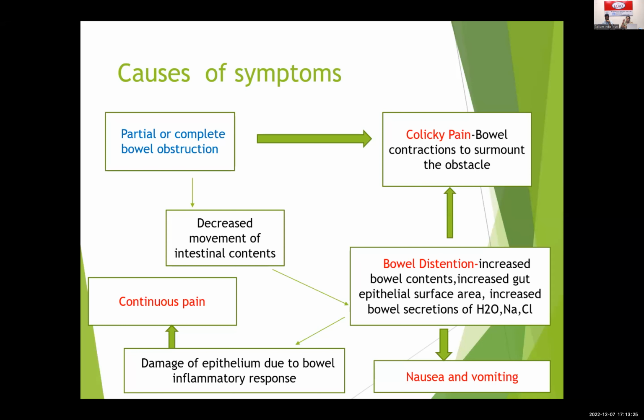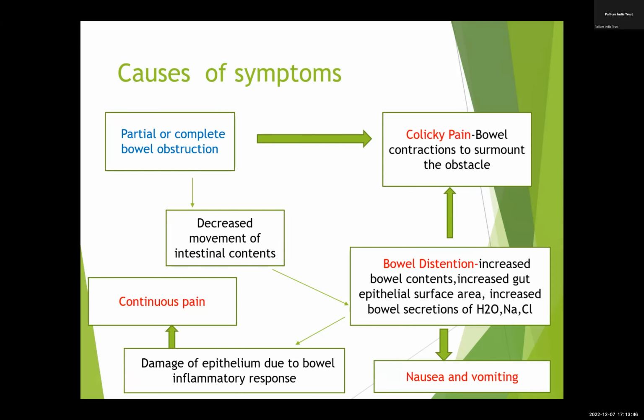In partial or complete bowel obstruction, typically you see colicky type of pain. The bowel contraction occurs against the obstacle, there is decreased movement of the intestinal contents, and this in turn leads to bowel distension.